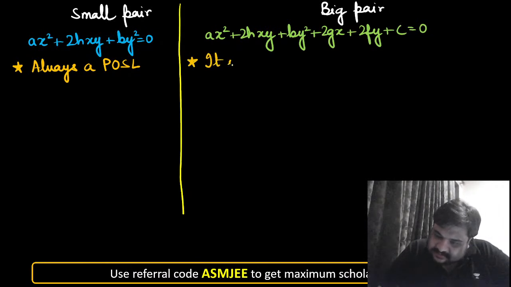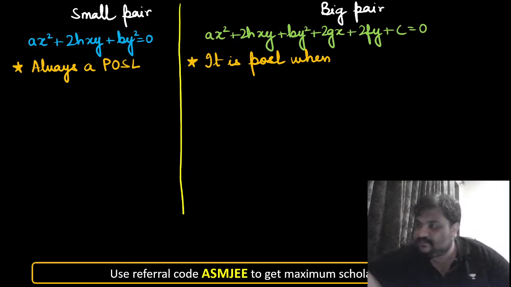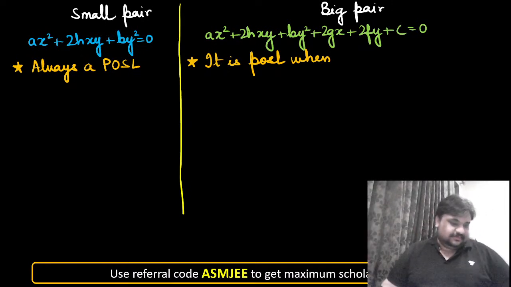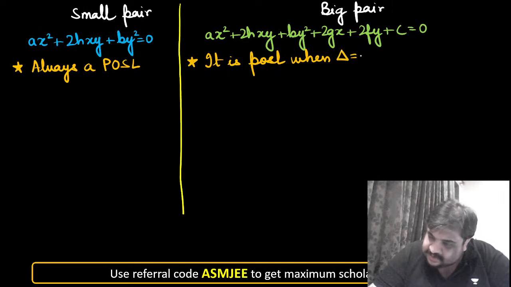It is a pair of straight lines when what happens? Tell me. Perfect. Delta is equal to 0. This looks better.